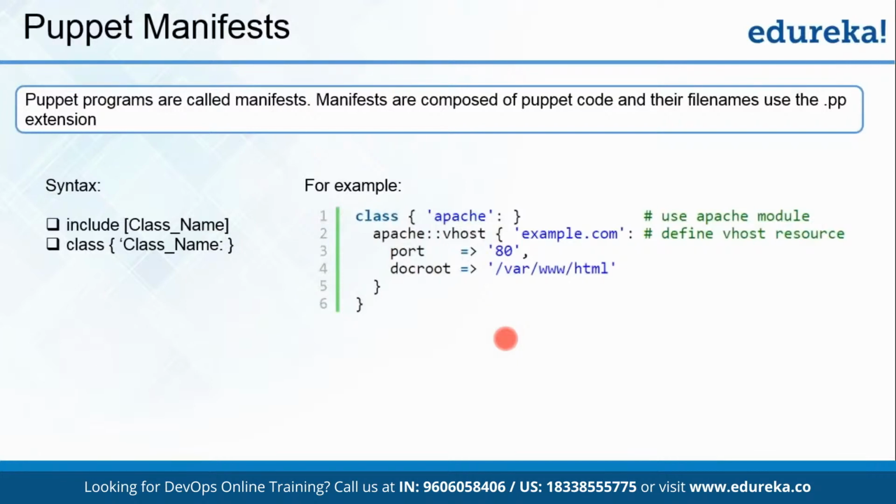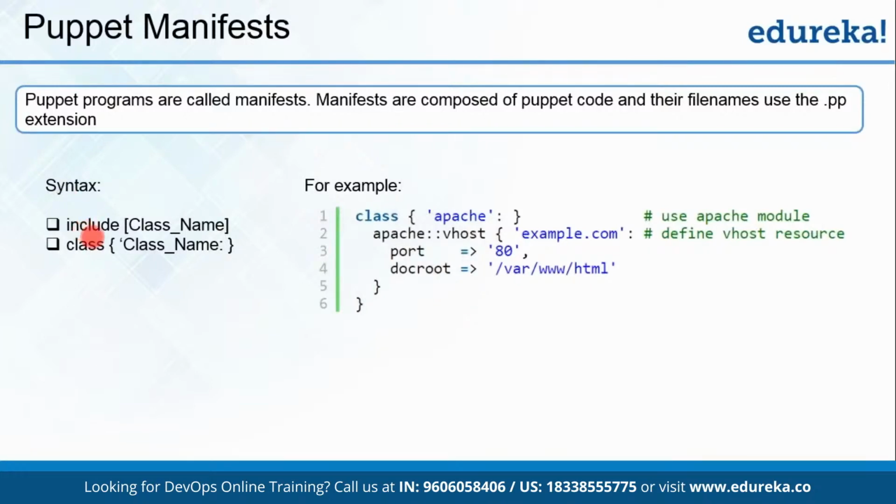All right, so you can see I've given you an example over here. It uses a class that is called Apache, and this class is defined with the help of predefined modules that are there in Puppet Forge, and then various attributes like define the virtual host and the port and the root directory. So basically there are two ways to actually declare a class in Puppet manifest.